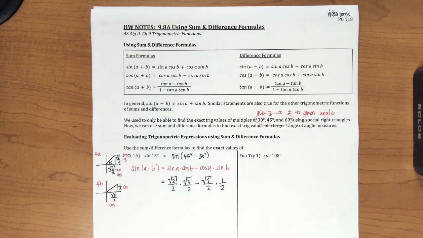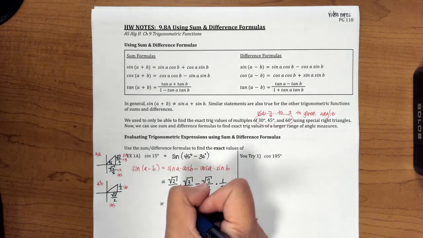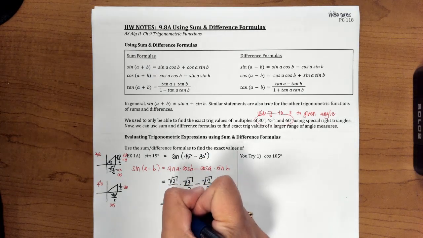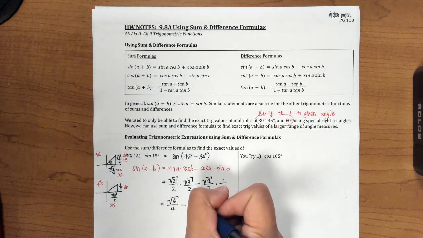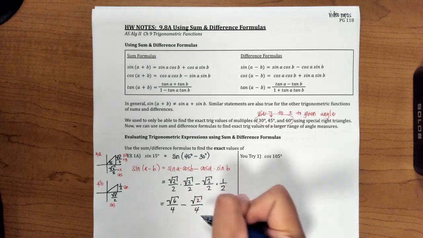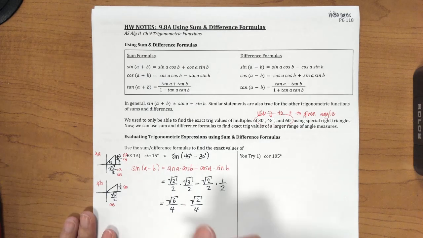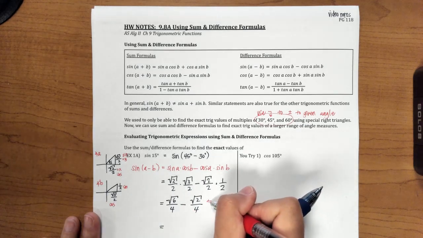And so what we need to do now is to simplify as much as we can. Okay? So we have root 6 over 4, right? Multiply across. Root 2 times root 3 is root 6, and 2 times 2 is 4, minus root 2 times 1 is root 2 over 4. Okay. What we're going to do now is just combine like terms, right?